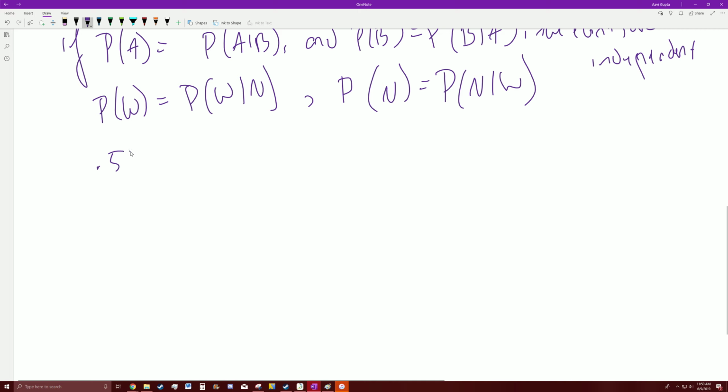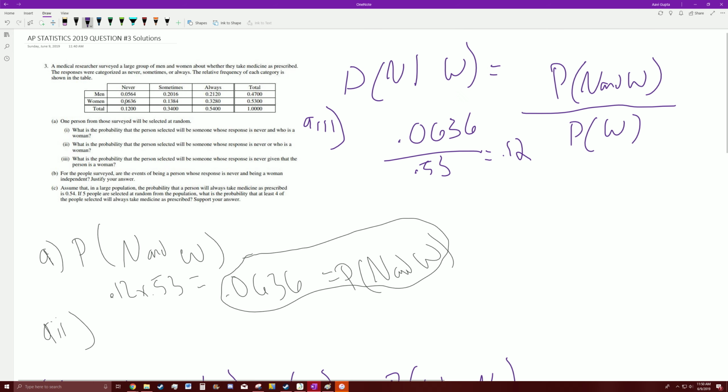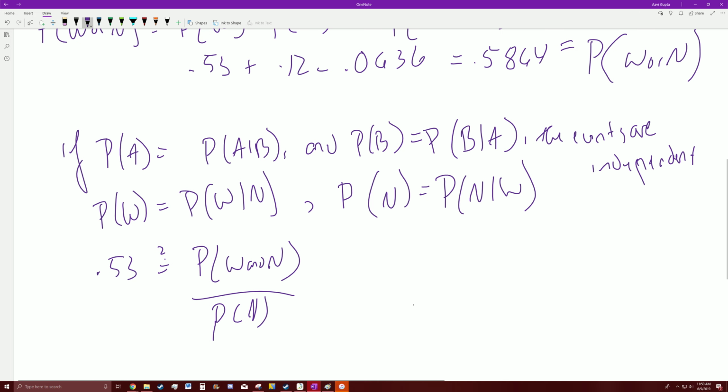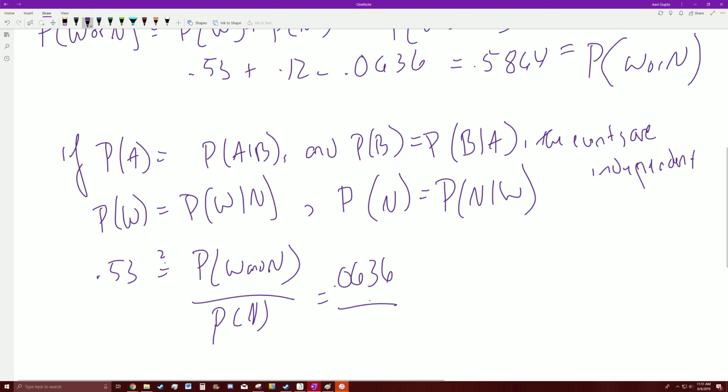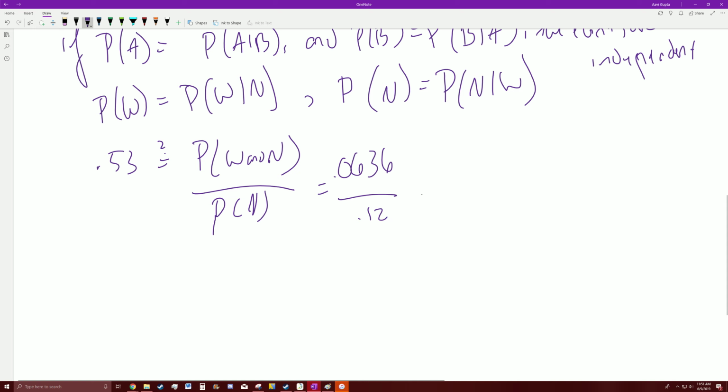So is 0.53 equal to, let's see, woman and never is 0.0636, and never is 0.12. Yep. So this fraction is 0.53.